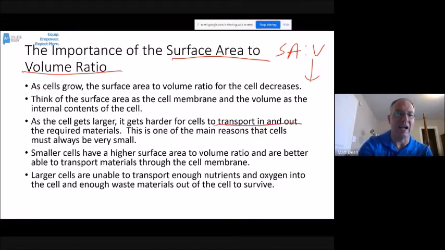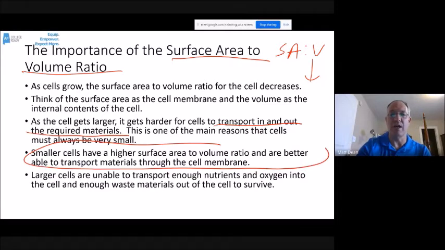What that means, as the cell gets bigger, it gets harder and harder for a cell to transport things in and out, because one of the cell membrane's main jobs is transporting things. So it becomes very hard for big cells to transport in all the nutrients and oxygen that they need and to transport out all the waste and CO2 that they need to get out. So smaller cells have a higher surface area to volume ratio and are better at transporting things.